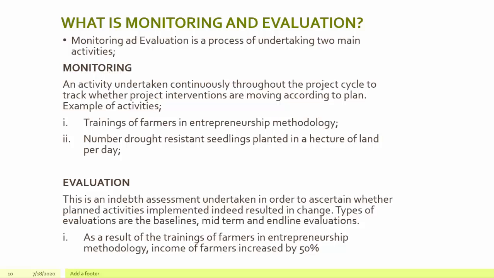But we know for sure that even if you implement a project, what you are seeking to achieve will not always happen. Sometimes this indicator for income may not even increase, it may actually decrease, even though you had been implementing this project for 2 to 3 years or even up to 5 years.